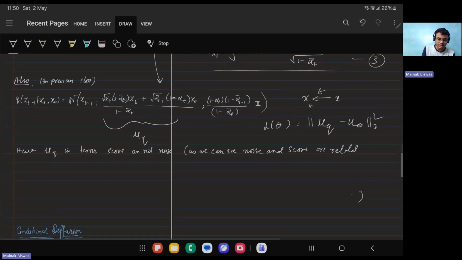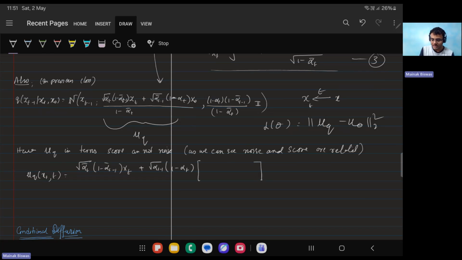So what I'll do is I'll just put mu q of xt comma t is equal to root alpha t (1 minus alpha t minus 1 bar) xt plus root alpha t minus 1 (1 minus alpha t), and I'll put the value of xt.